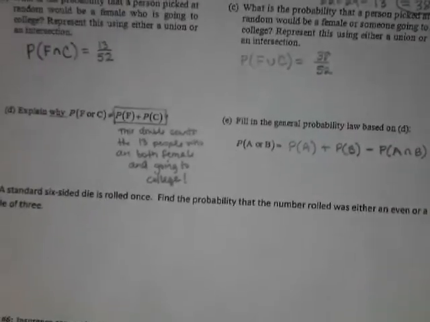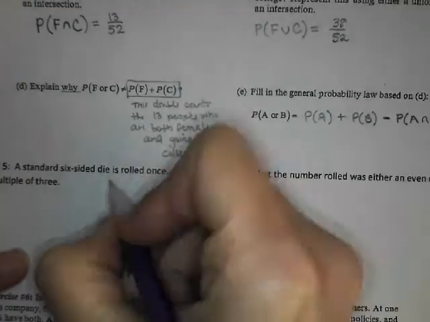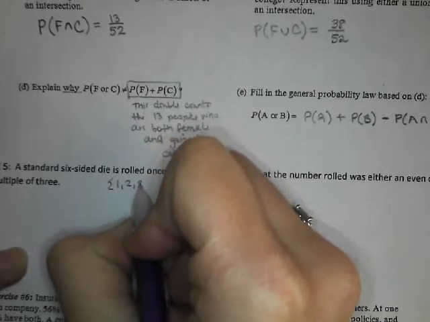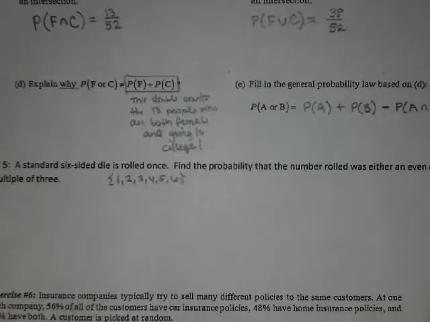Exercise 5, standard 6-sided die. So I'm just going to write the sample space, 1, 2, 3, 4, 5, 6, just to help me wrap my head around what's going on. Remember, that's the key: reading slowly, taking your time to wrap your head around what's going on.